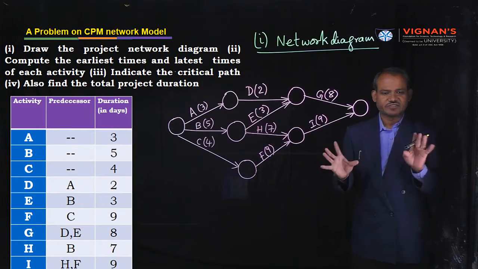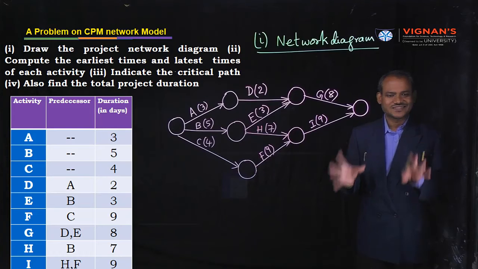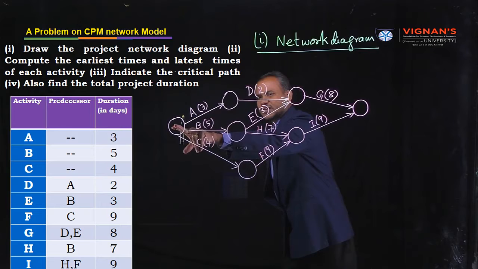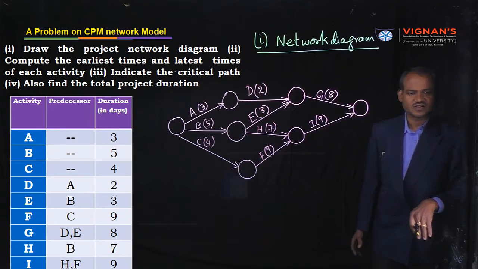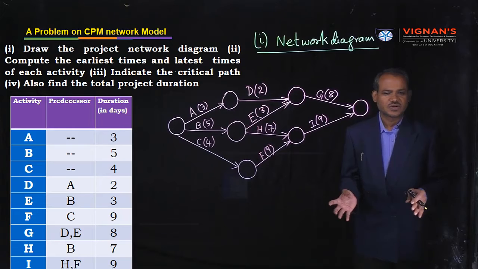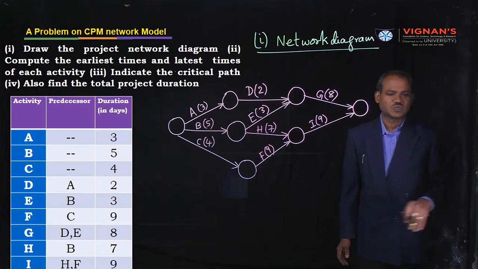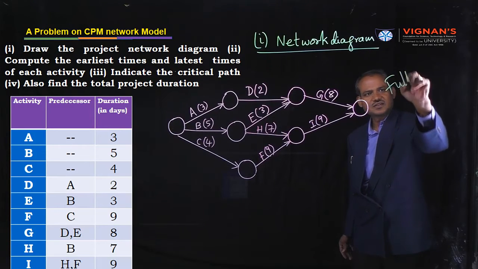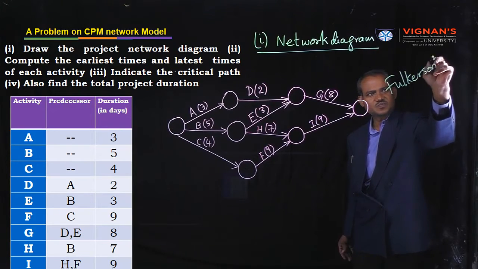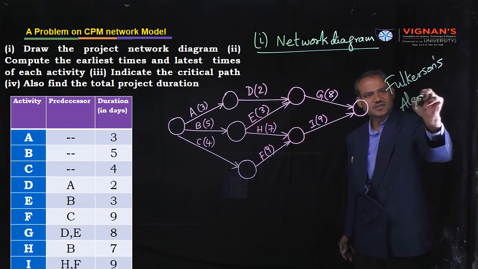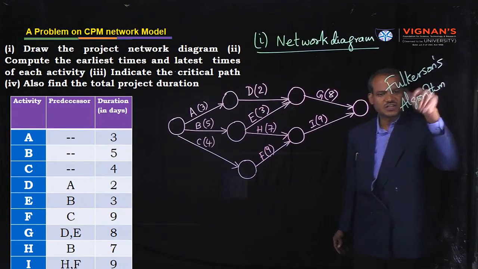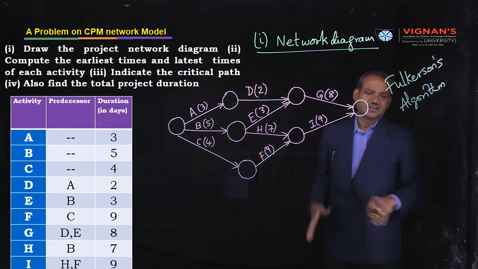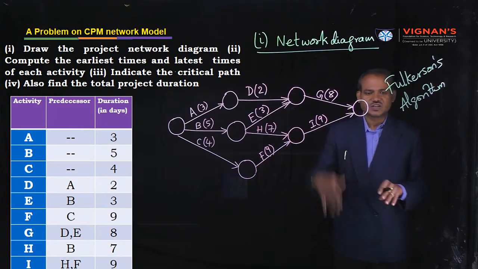After construction of this network diagram, it is necessary to give numbering to every node. The next task is how to give numbering to the nodes. One of the scientists, Fulkerson, has an algorithm. As per that algorithm, we are going to assign numerical values to the nodes.